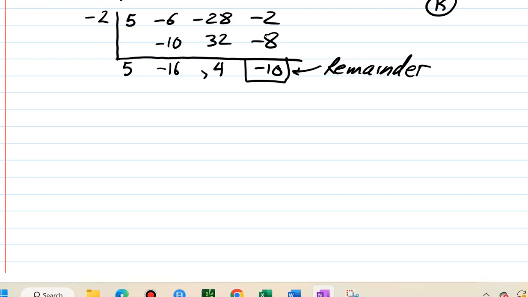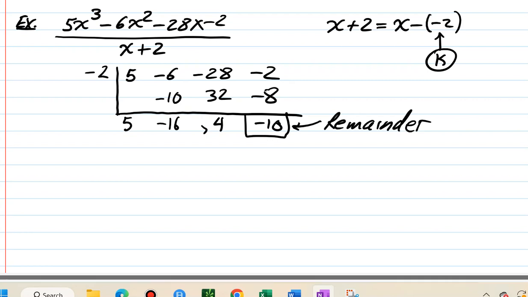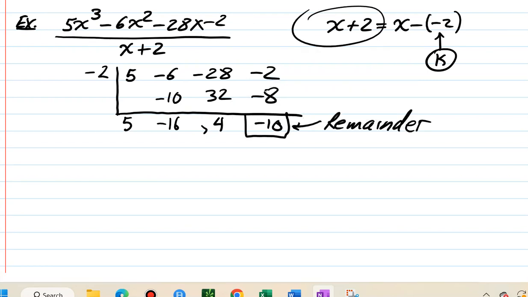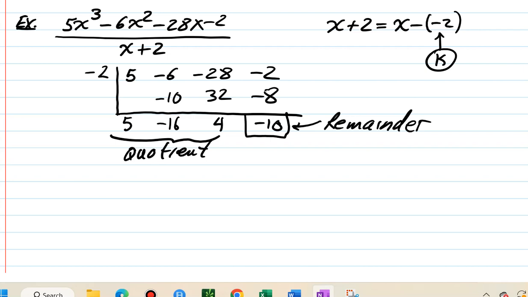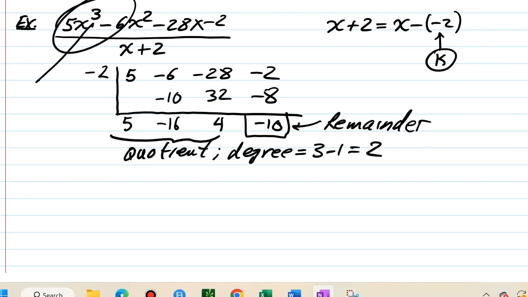Now, I started with a third degree polynomial in the numerator, and because we divide by the binomial, the quotient is going to have a degree that is 1 less than what we started with. So this is the quotient in the long division, and its degree is going to be 3 minus 1, or 2. The leading term is third degree.